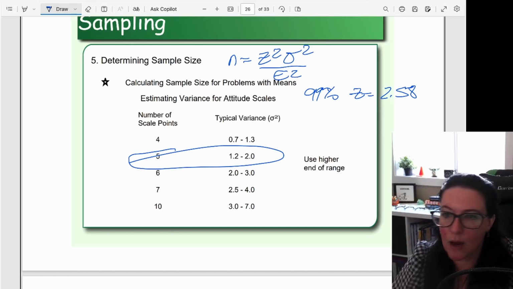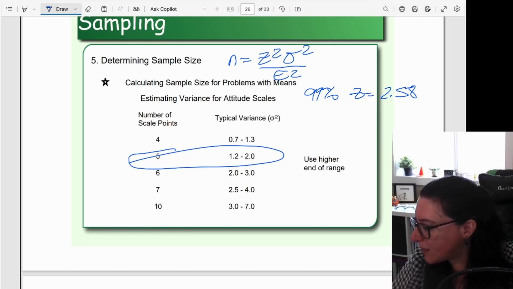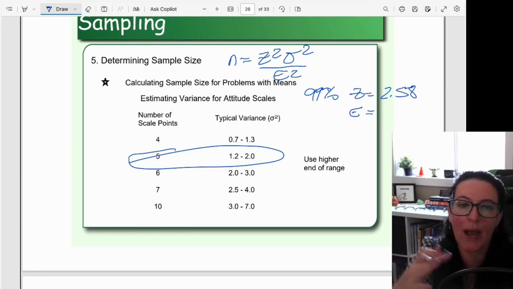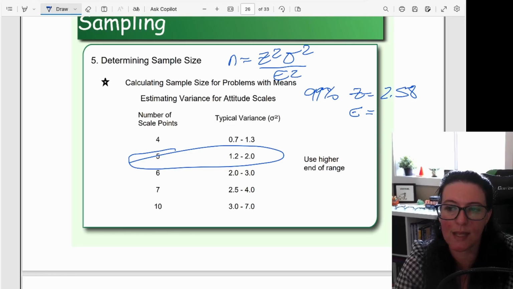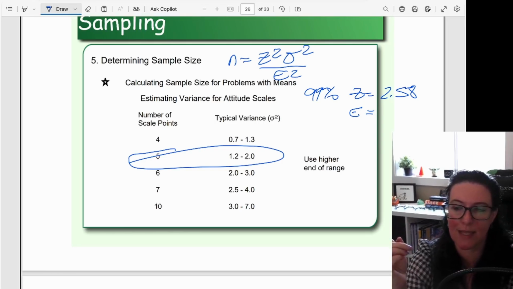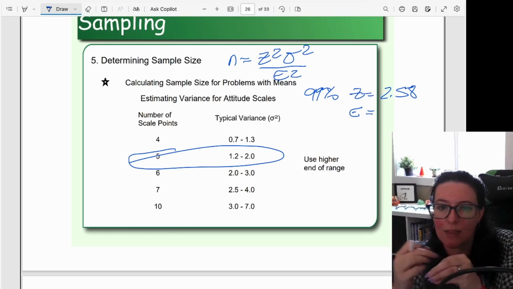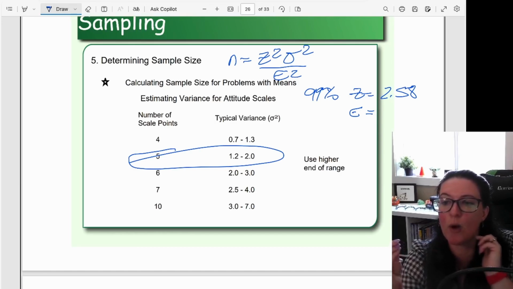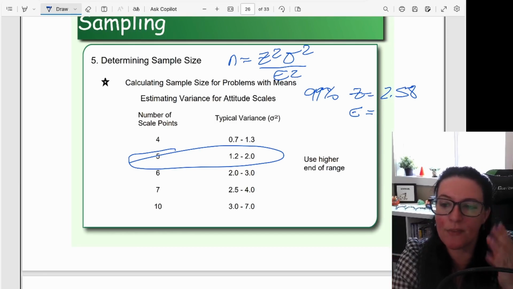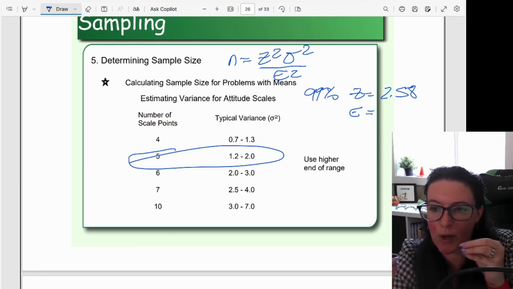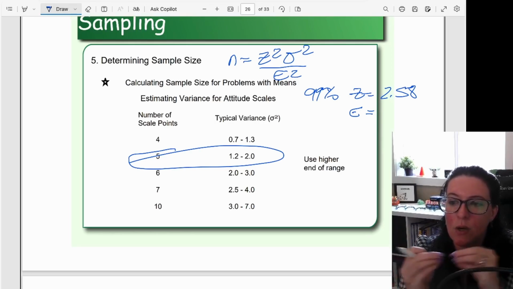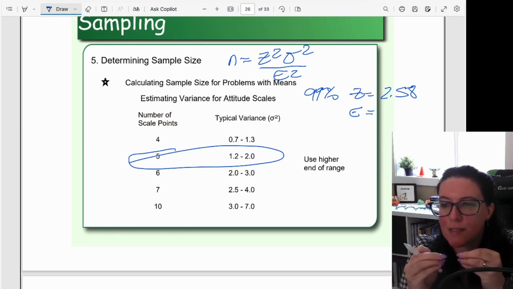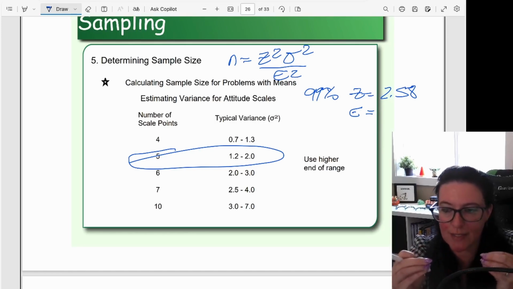Okay, now we need to determine our E, our sampling error. So how far off are you willing to be? Well, the challenge with the scale is that there are only 5 choices: very dissatisfied, somewhat dissatisfied, neither, somewhat satisfied. So we go back to the question of, if the results were somewhat dissatisfied versus if the results were neither, would those 2 different responses change the decisions your organization made?